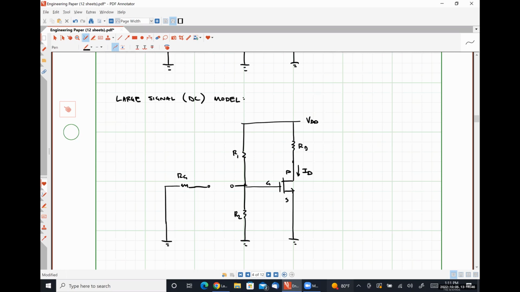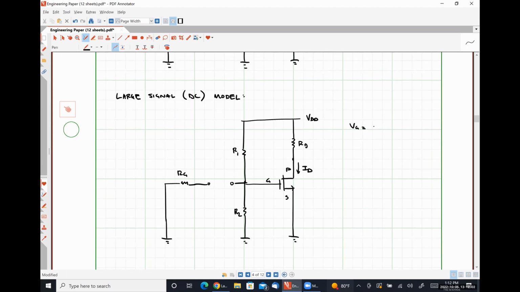What can we say effectively by inspection here? Well, we know that our gate terminal voltage, VG, is effectively determined simply by a voltage divider relationship, right? So that's going to look like VDD times R2 over R1 plus R2.